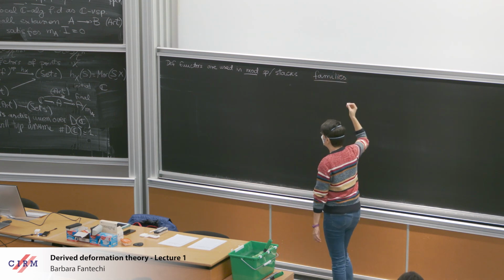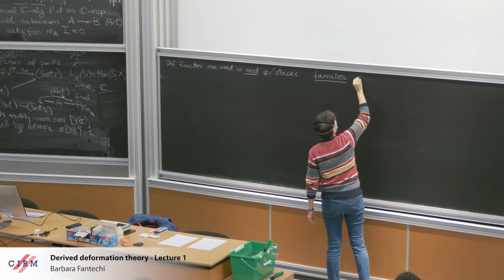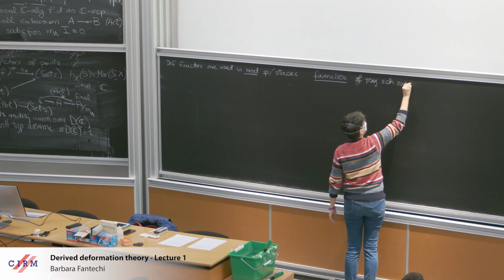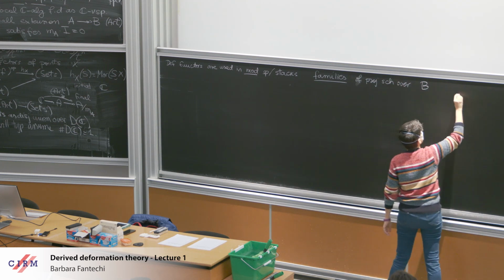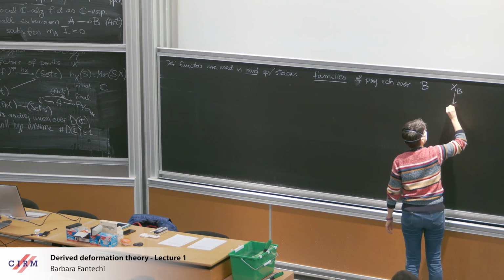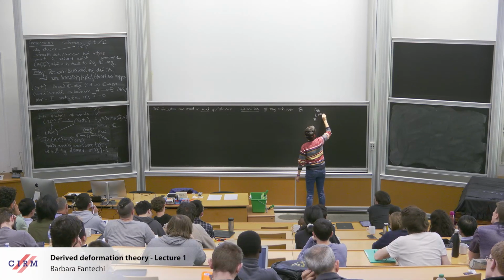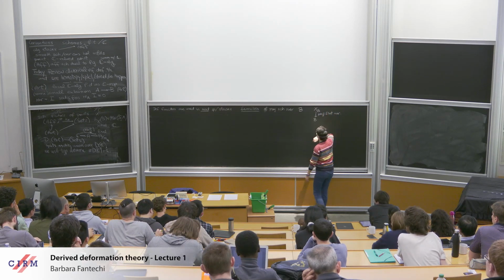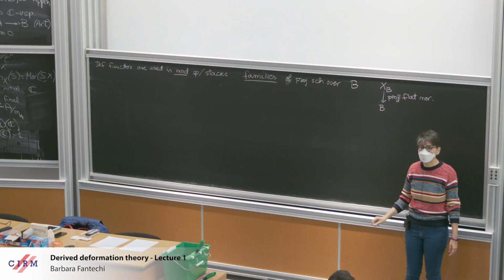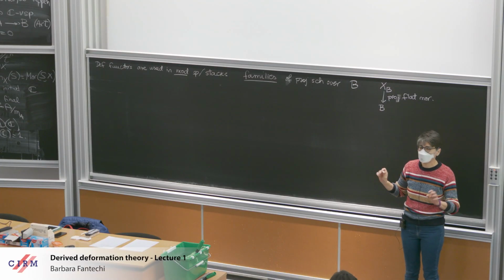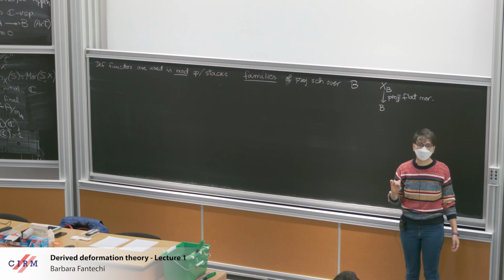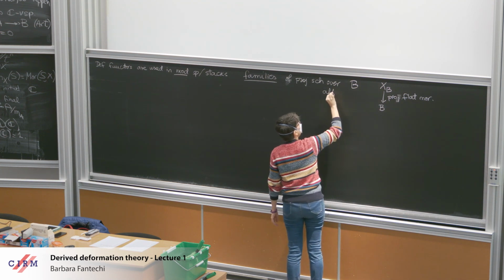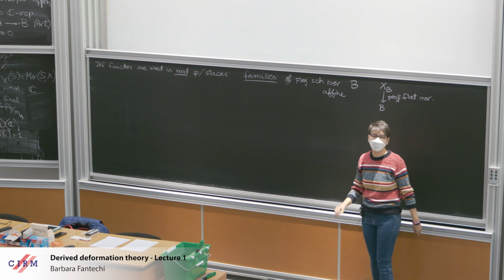So, for instance, what is a family of projective schemes over a base B? It's just a proper, projective flat morphism. Notice that in general I would have to explain which definition of projective I'm using, because there are plenty of them, but if I take B affine in the sense I've given, they all coincide.